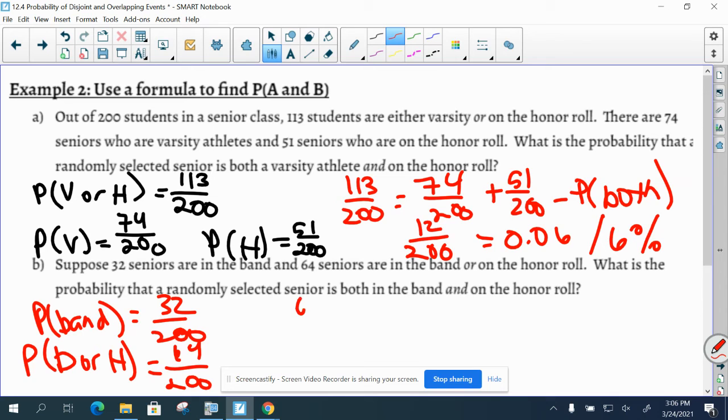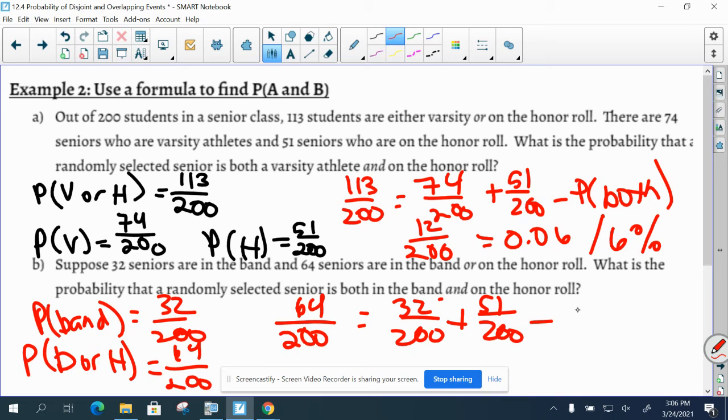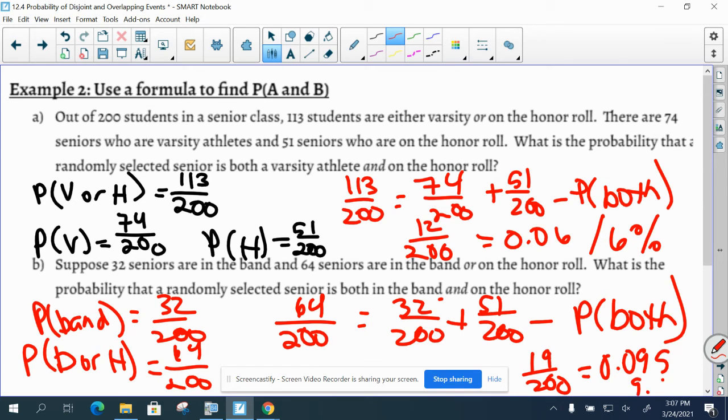So kind of the same thing. Do 64 out of 200 equals 32 out of 200 plus the honor roll kids, which was 51 out of 200, minus the probability of both. So add up 32 and 51 and subtract it from 64, and you get 19 out of 200, which is 0.095 or 9.5%.